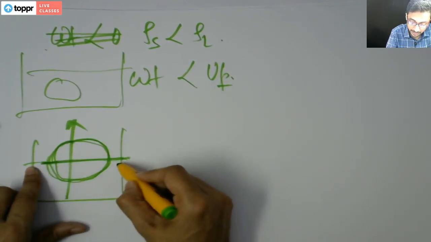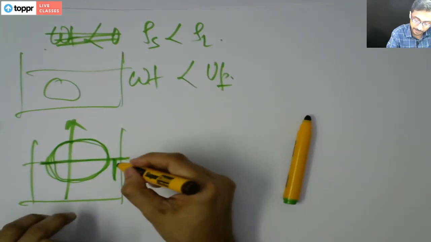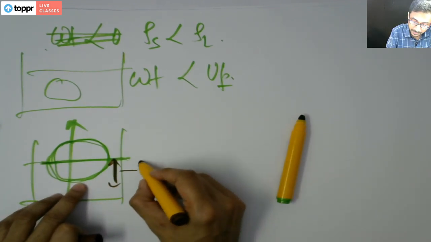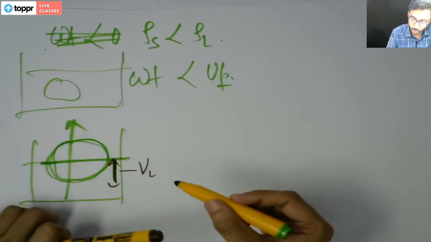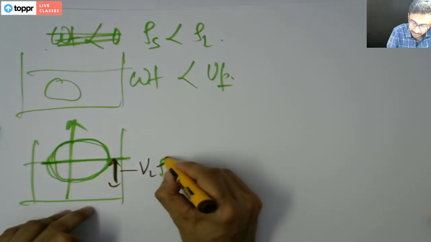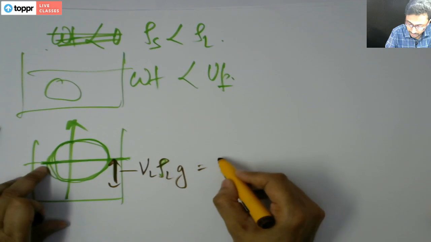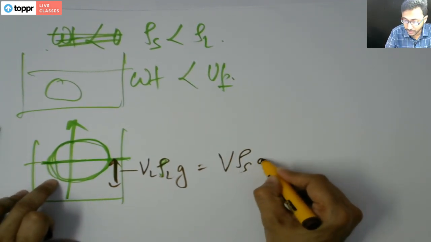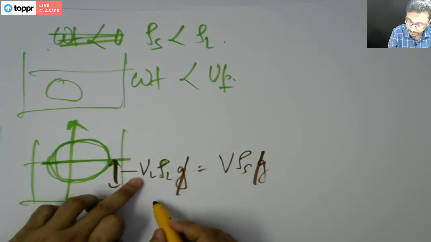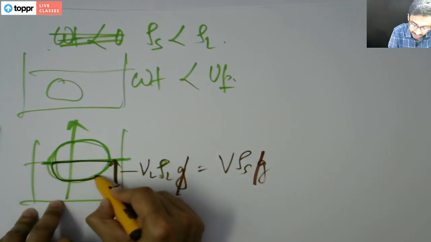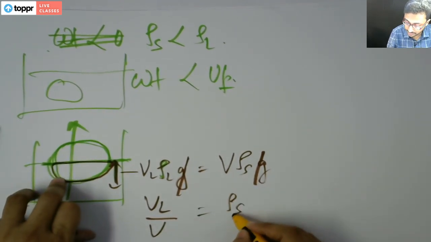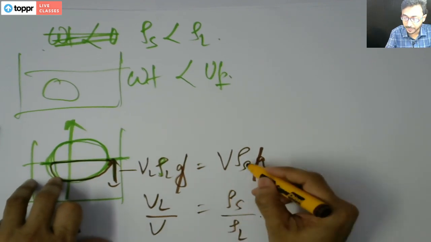So if this part of the solid is immersed within the liquid, say this is VL, the part which is inside the liquid, then VL into rho L into G will be equal to the total volume into rho S into G. G cancels out. So by taking the part of the solid inside the liquid, we can find out the density of the solid.